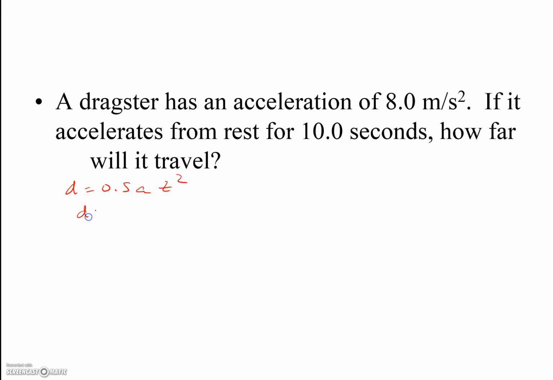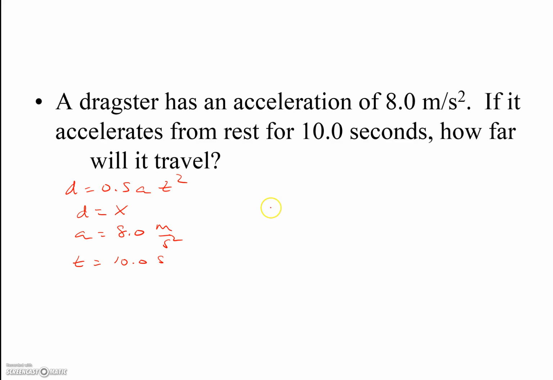D in the equation stands for the distance, and that's what we're trying to solve for. A in the equation stands for the acceleration, which for this question is 8.0 meters per second squared. And T stands for the time, which for this question is 10 seconds.